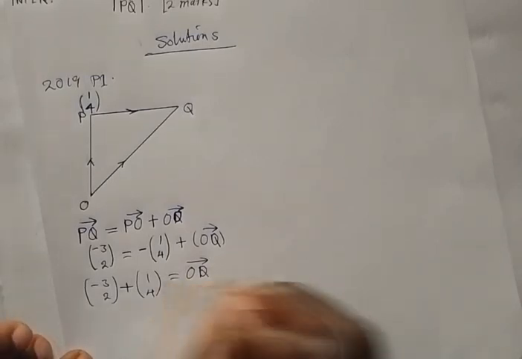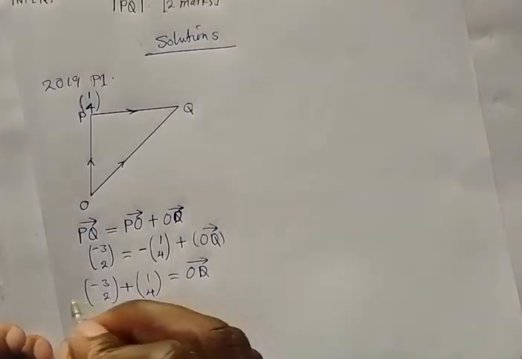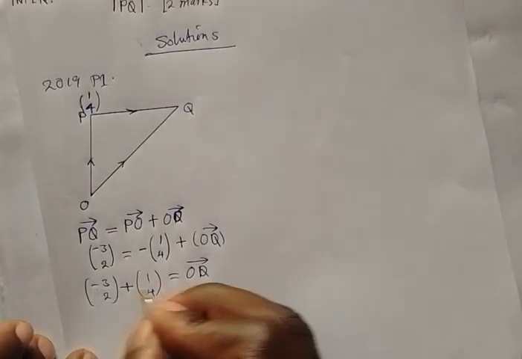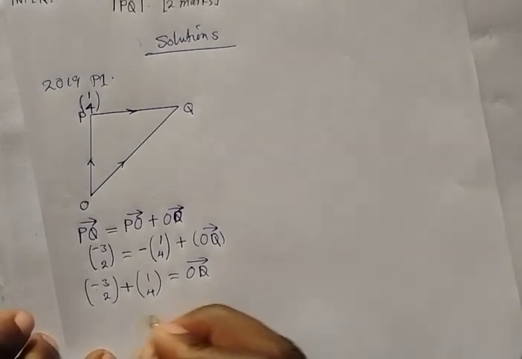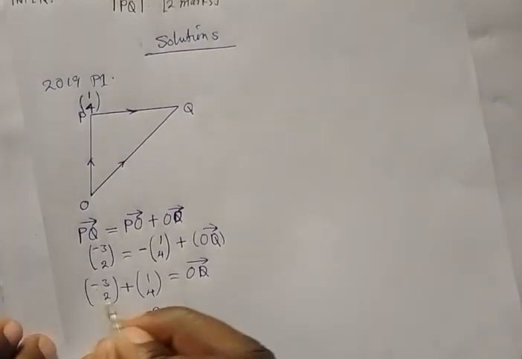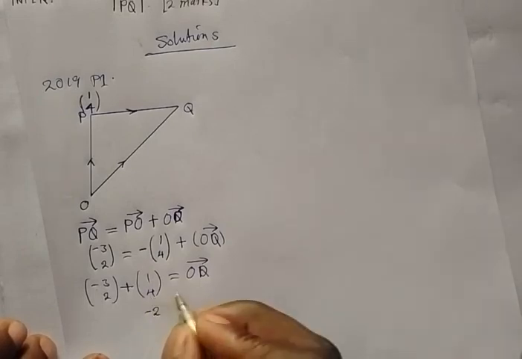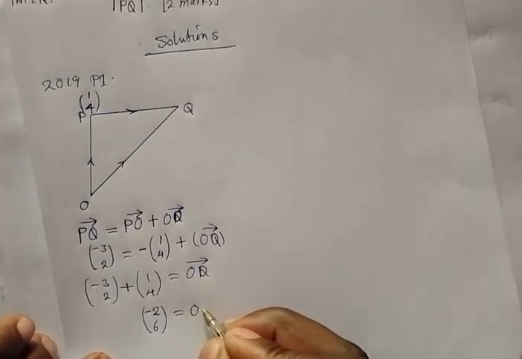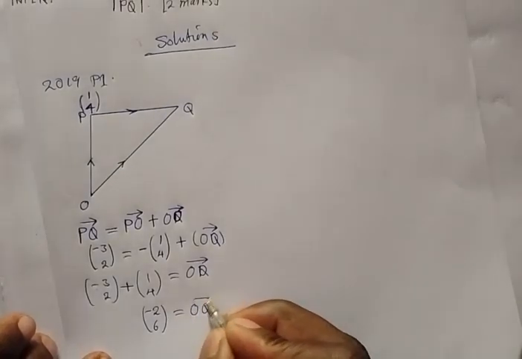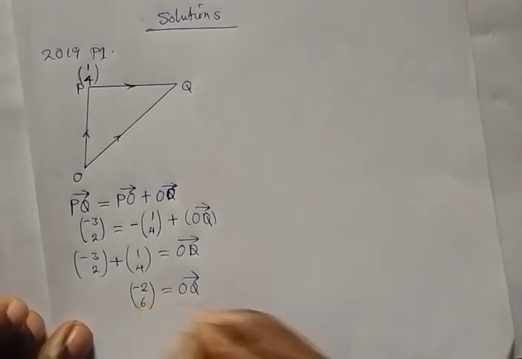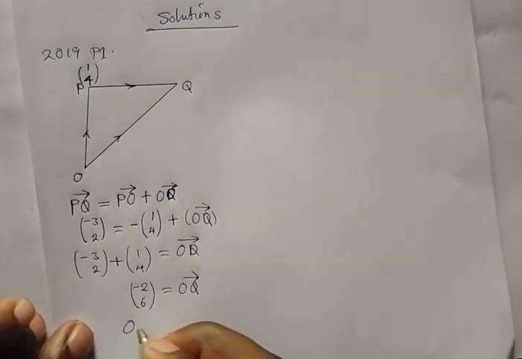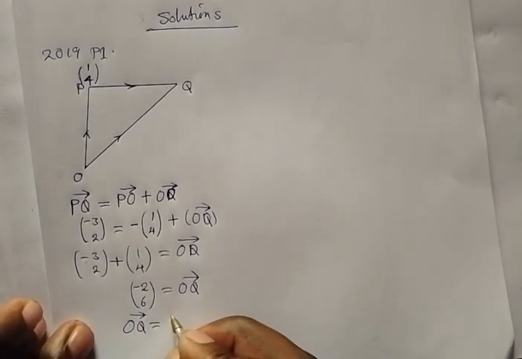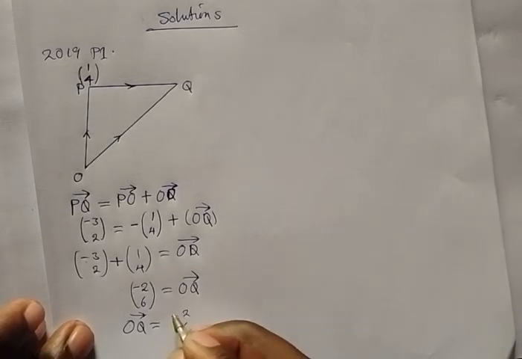So now we have -3 plus 1, which gives us -2. Then 2 plus 4 gives us 6, which is equal to OQ. So the vector OQ is equal to (-2, 6).